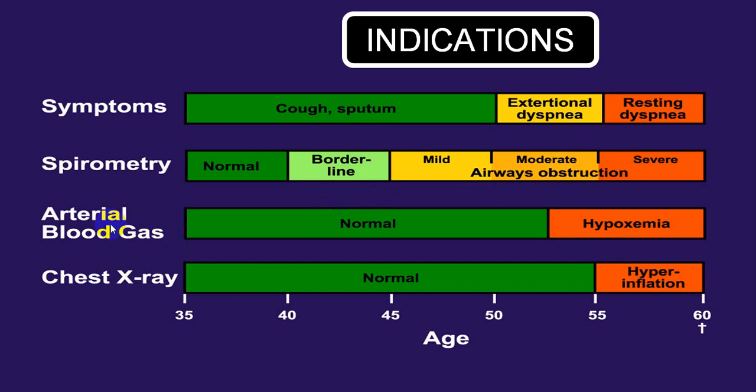By doing an ABG, you get an idea regarding hypoxia, how severe the hypoxia is, and what is the effect on carbon dioxide, whether there is hypercapnia or a normal level. So it gives you an idea regarding acid-base balance. And chest X-ray will give you the lung pathology. So these are the different tests which you can do: spirometry, ABG, and chest X-ray.